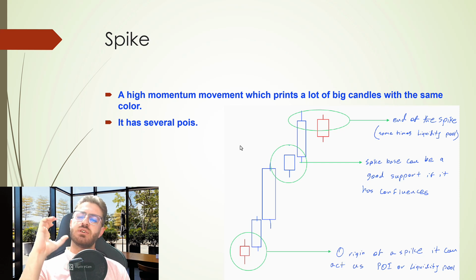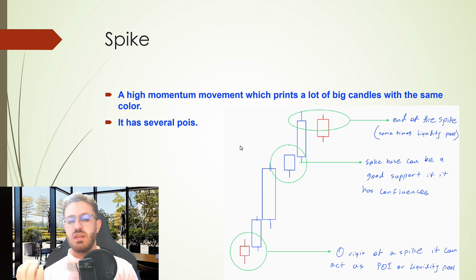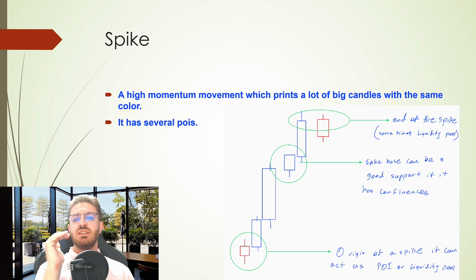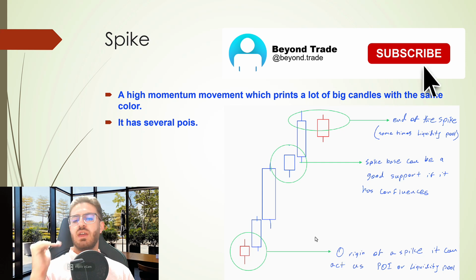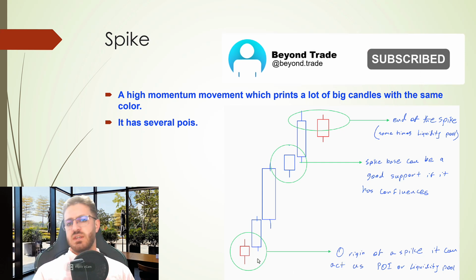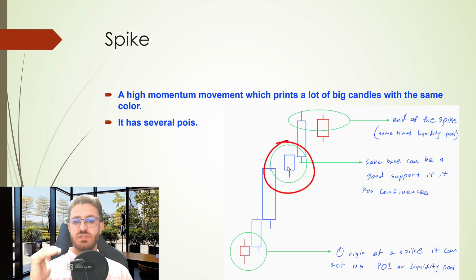Those spikes have three reversal POIs, and if we have enough confluence there, we can look for trading opportunities. These 3 points are going to be the first demand zone that made the first movement of the spike, which is about 78% of this spike. And it's going to be the spike base, which is from 38% to 62% of this up movement.